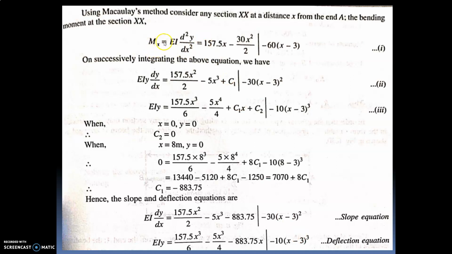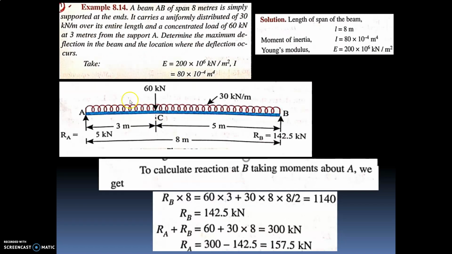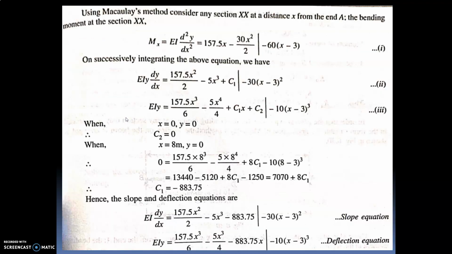MX equal to EI into d square y by dx square. So first is RA into X, next is minus, because it is in the downward direction, 30 into X into X by 2, because it is UDL. So it is 30x square by 2.